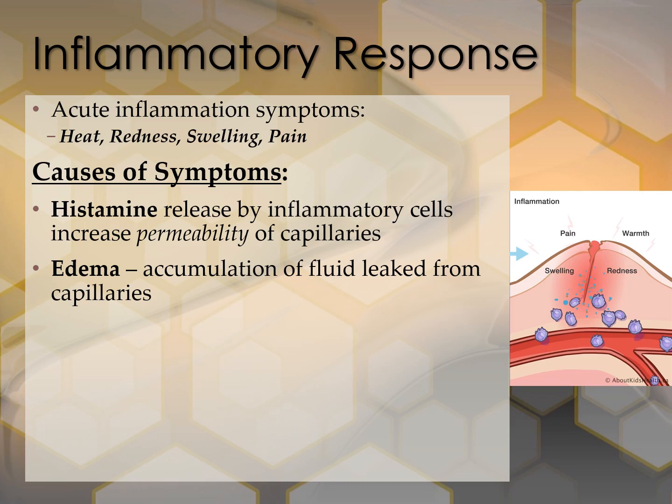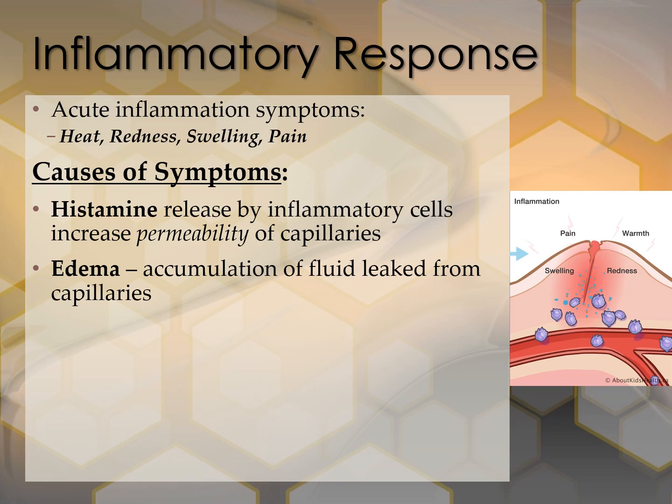Now, what causes it? What happens is you get histamine release by these inflammatory cells. And what histamine does is it increases the permeability of the capillaries. What does that mean? That means that those blood vessels, those capillaries, become leaky.